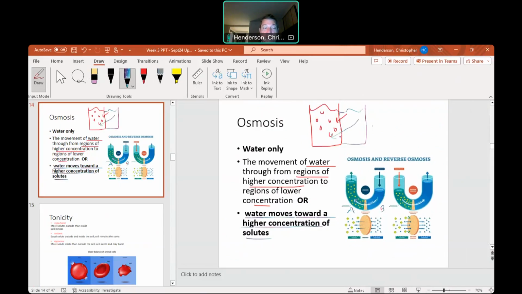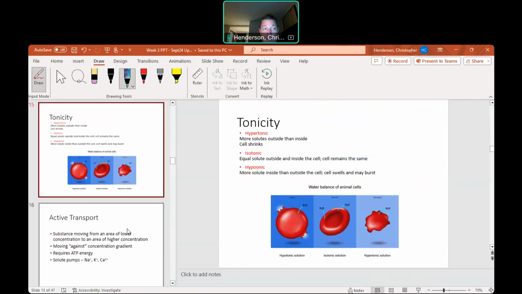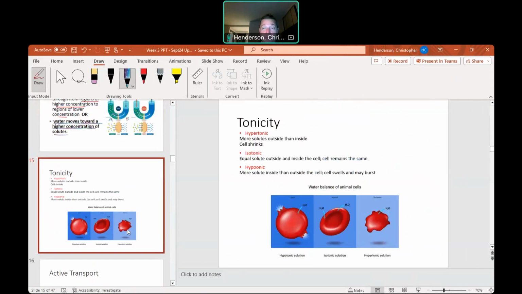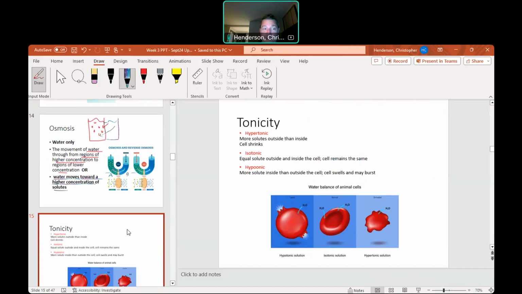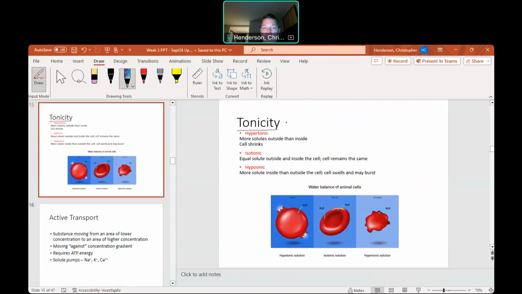Okay, so now the last thing that I want to do before I have to go is the last part of passive transport. Sorry, it's not active, I'm thinking about having to go. The last part of passive transport is this tonicity stuff. Now, what does tonicity mean?